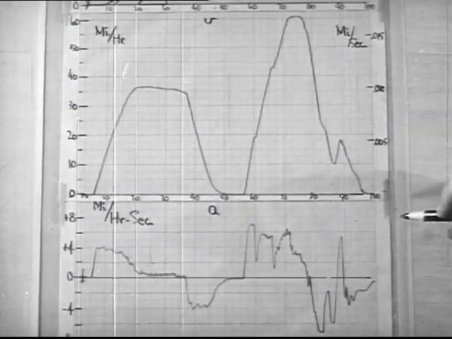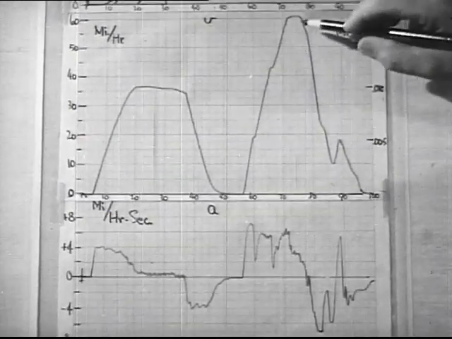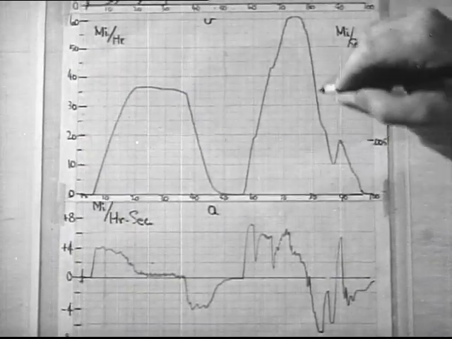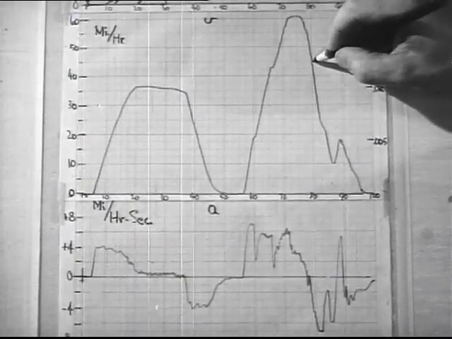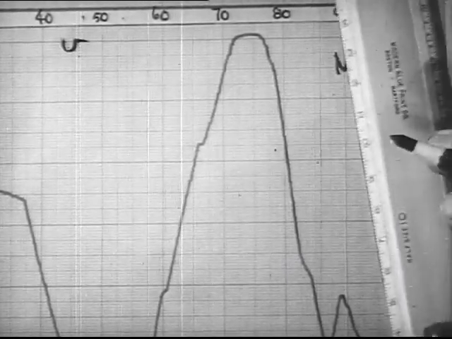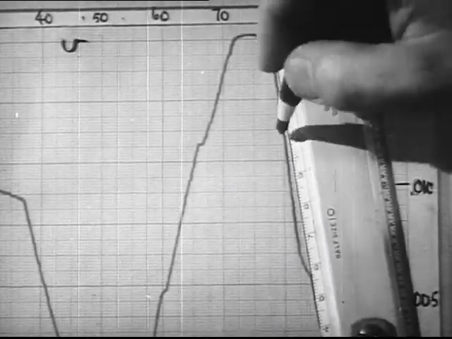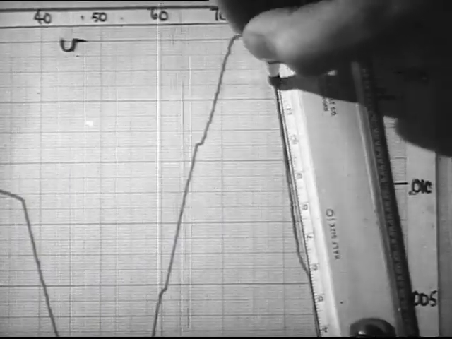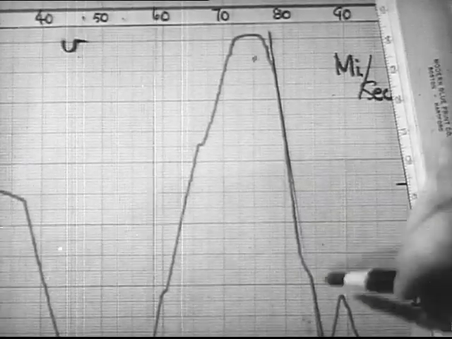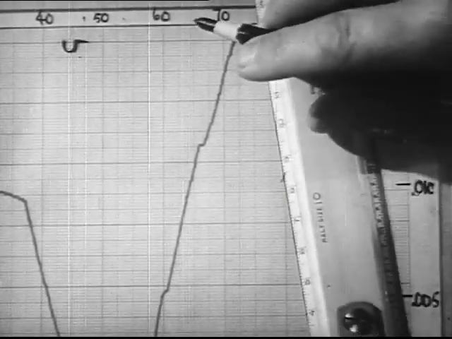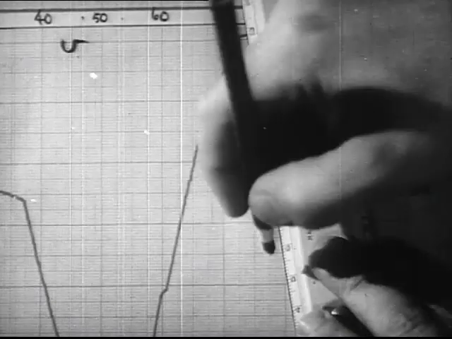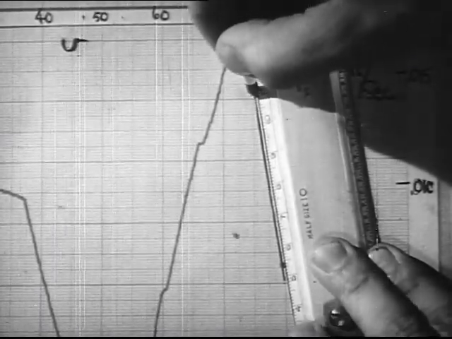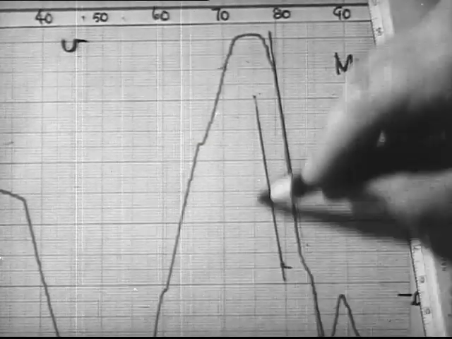Now, to make an actual measurement, I'd like to take a place in the complicated region and look at one of these slopes accurately. Let's go to 80 seconds and measure the slope right there. I bring the drawing engine up to the curve just at that point and draw a tangent like that. And I'm going to measure the slope of that by bringing it over here and seeing how far the curve changes in 5 seconds, which is this interval of time from here to here.